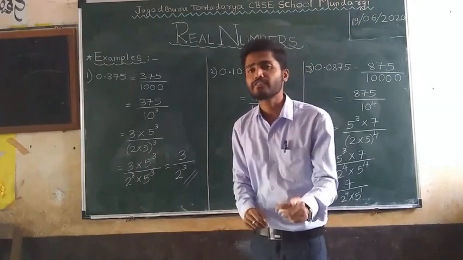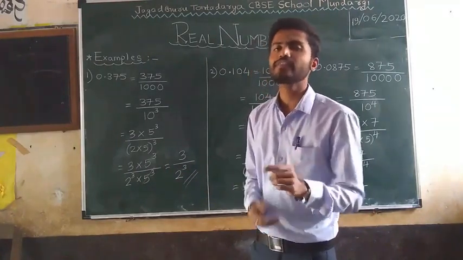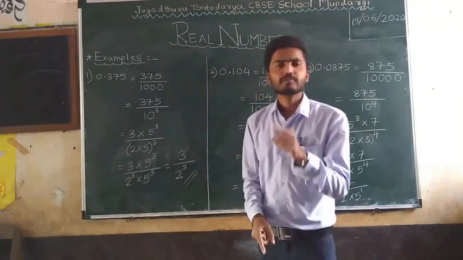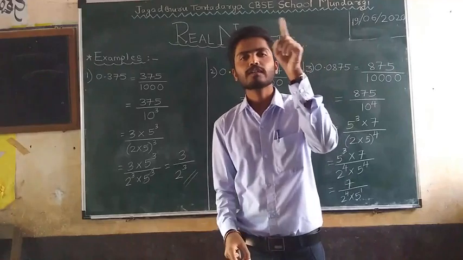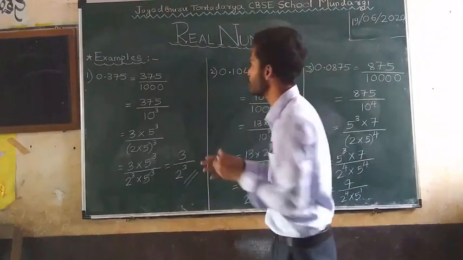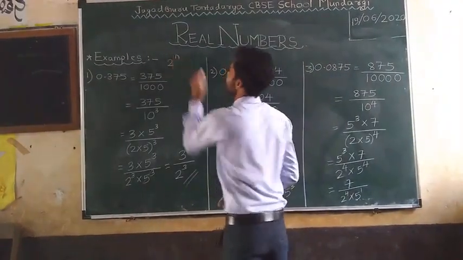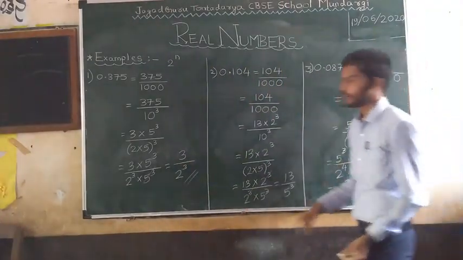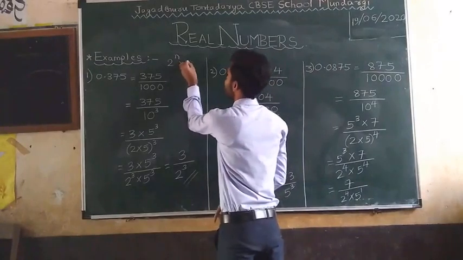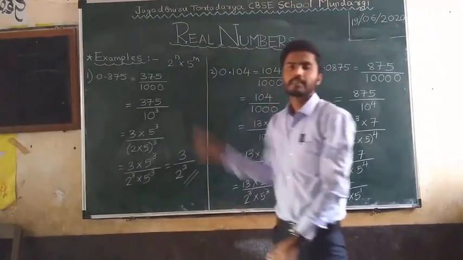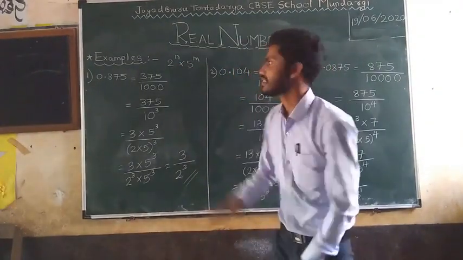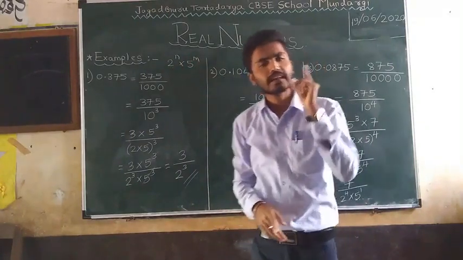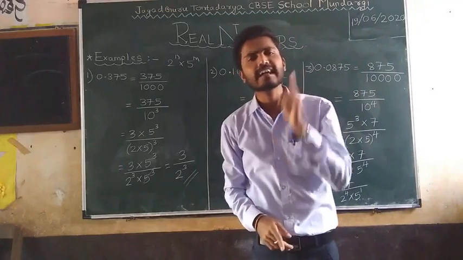If and only if the prime factorization of the denominator comes as 2 raised to some power n and 5 raised to some power m, that is, 2 raised to n into 5 raised to m, then we conclude that it is a rational number.